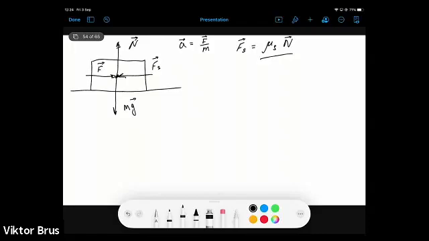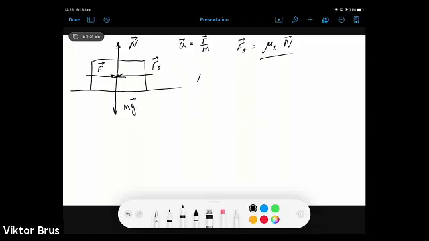In this condition F is equal to or larger than the static friction force. We go to another regime of friction between these two surfaces, called kinetic friction.